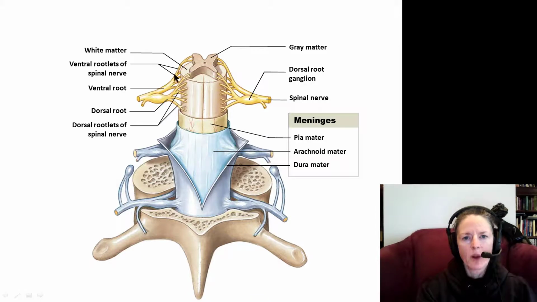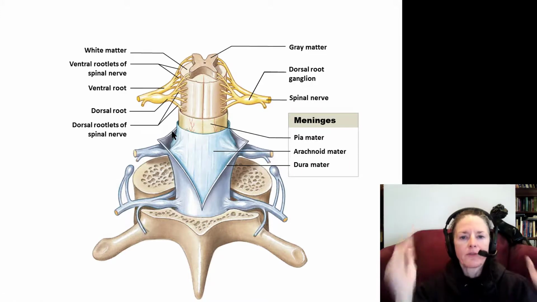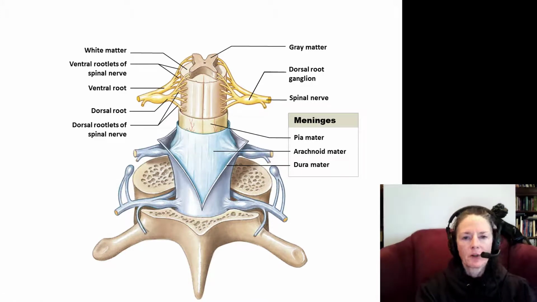In fact, as we go rostrally, or I should say cranially, the dura mater, when it gets to the foramen magnum, will fuse with the periosteum. So it will then become fused to the inner surface of the skull, whereas the meninges within the vertebral column are going to have a space between them and the surrounding bone, and that's called the epidural space.